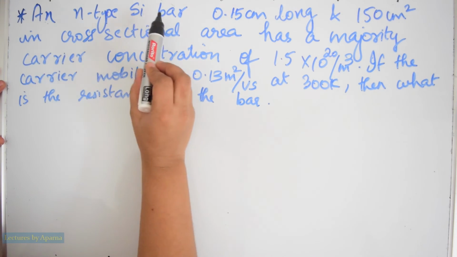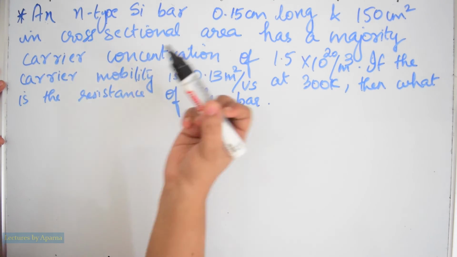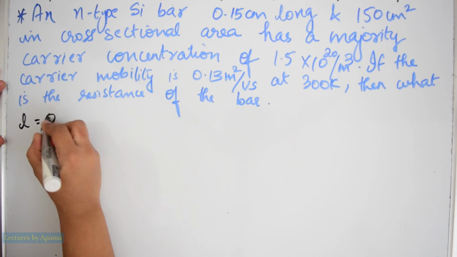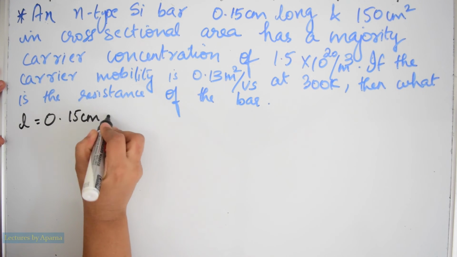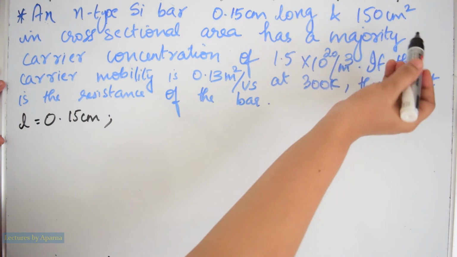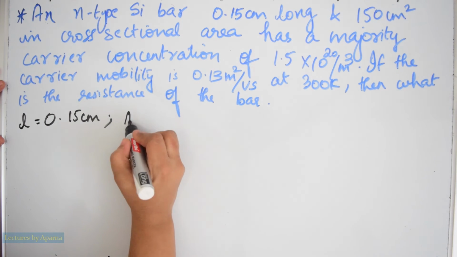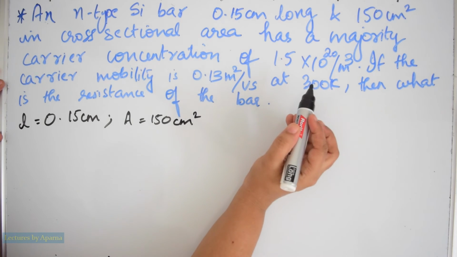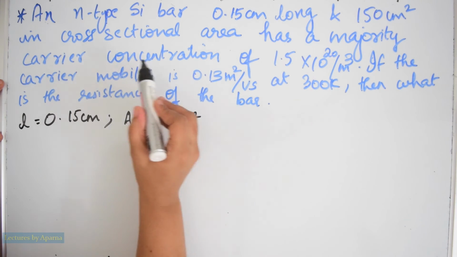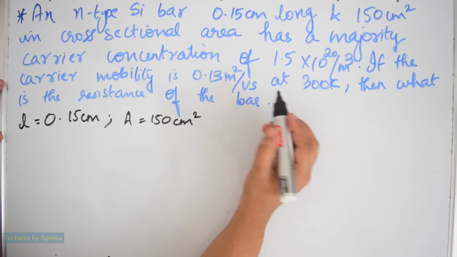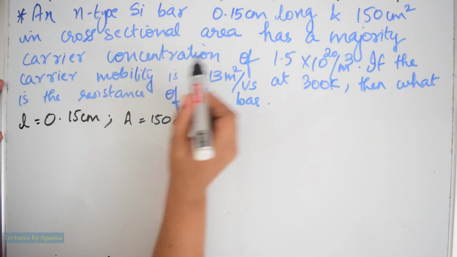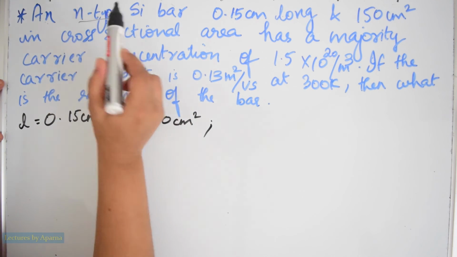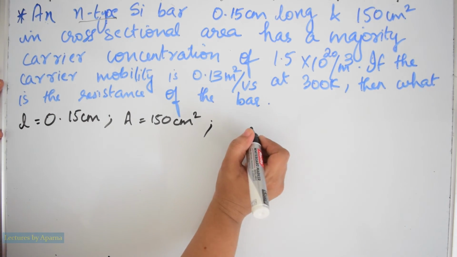An n-type silicon bar 0.5 centimeter long, L is 0.15 centimeter, and 150 centimeter square in cross sectional area, A is 150 centimeter square, has a majority carrier concentration of 1.5 into 10 raised to 19. Since it is n-type, majority carriers will be electrons.